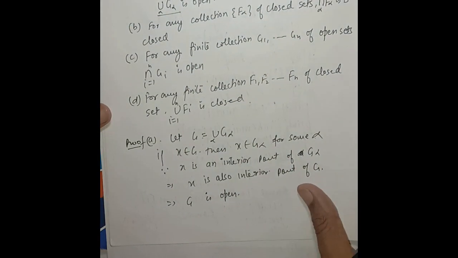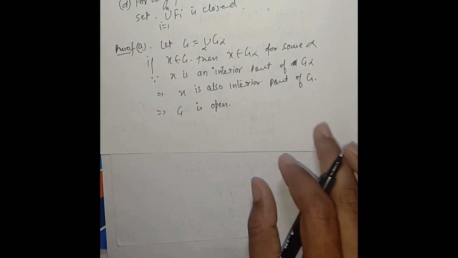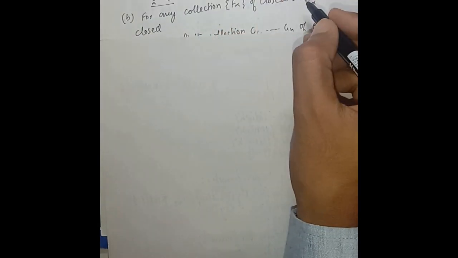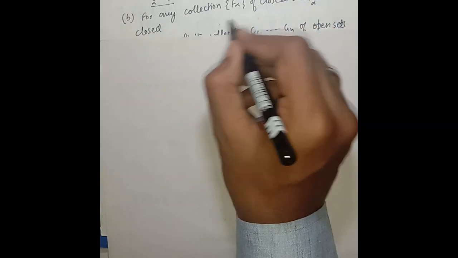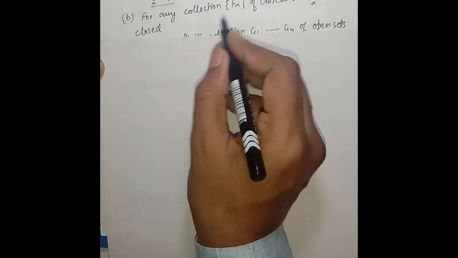Now the proof of the second part, part B: the intersection of closed sets is closed for any collection.